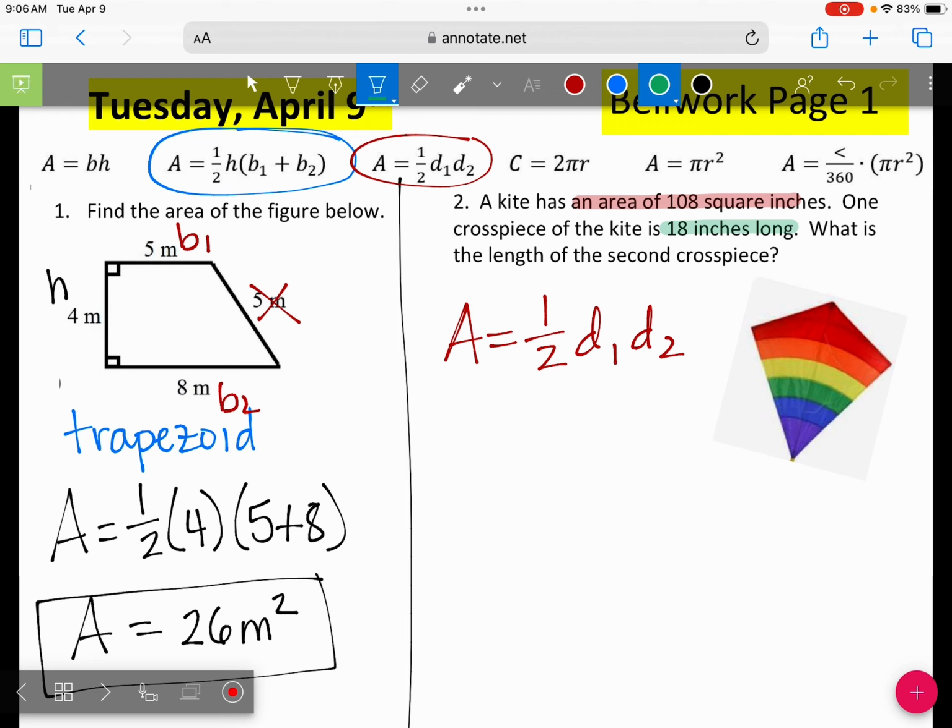So that means you have a diagonal that is 18. And they want us to find the second diagonal. So area is 108. That equals 1/2 times 18. And we need to figure out what diagonal 2 would be.